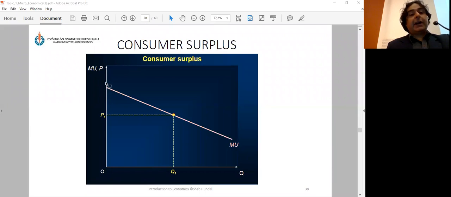This price can't be here. Look at the cursor. This price will never be here, because if you go above this point, fractionally, this MU curve ceases to exist. There's no MU curve there. So the maximum price which you are prepared to pay in this example is this one, where this thick line touches the y-axis.